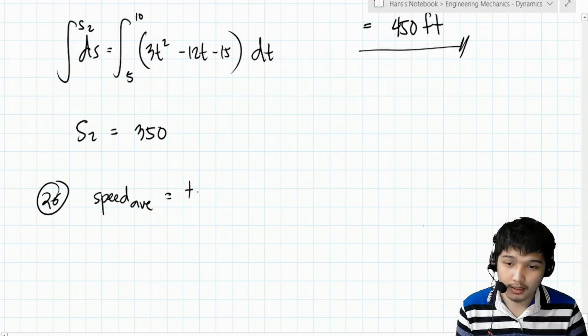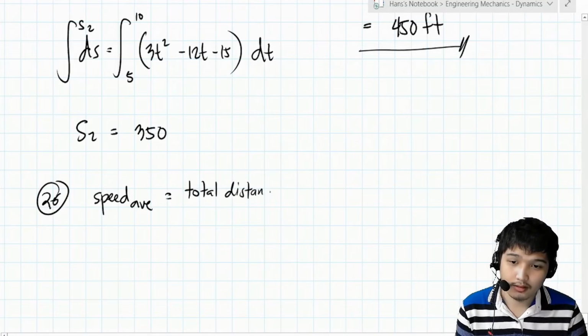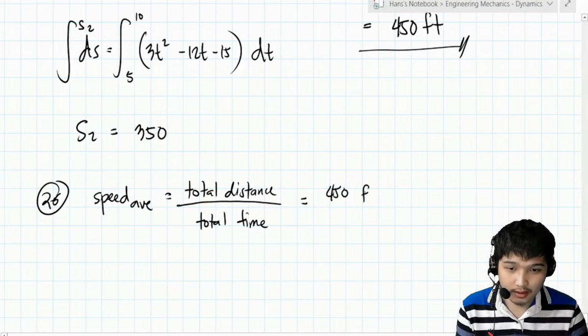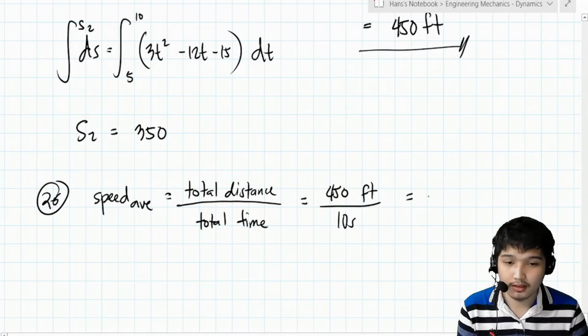That is the total distance, okay, over the total time. Okay, so that is what? 450. Okay, over 10 seconds. So this one is 45 feet per second.